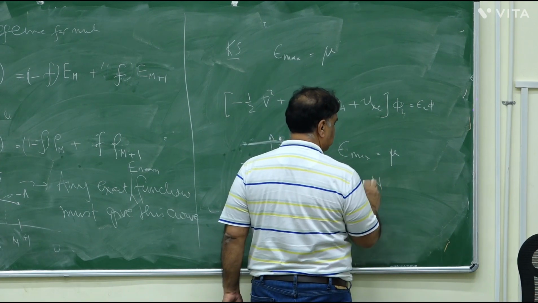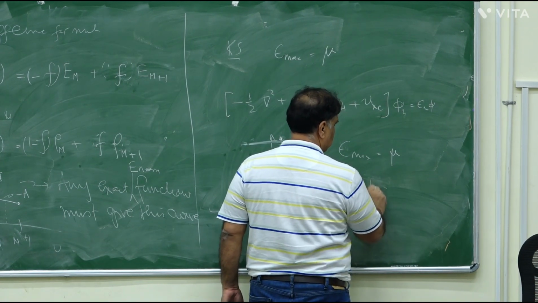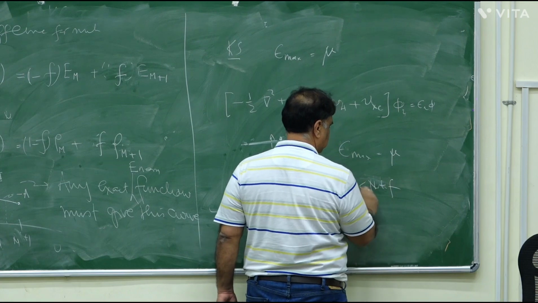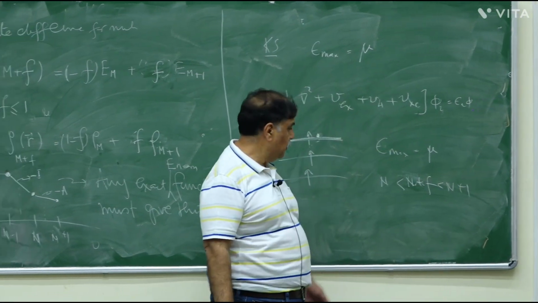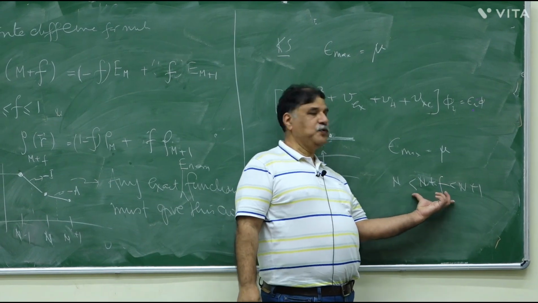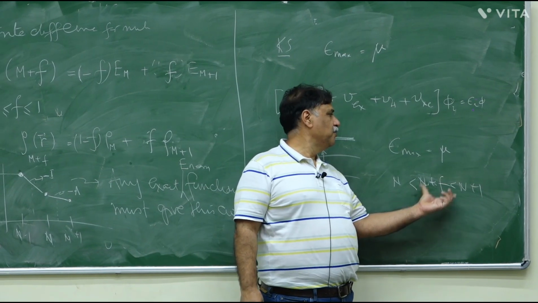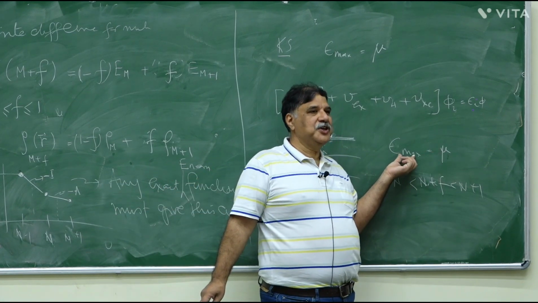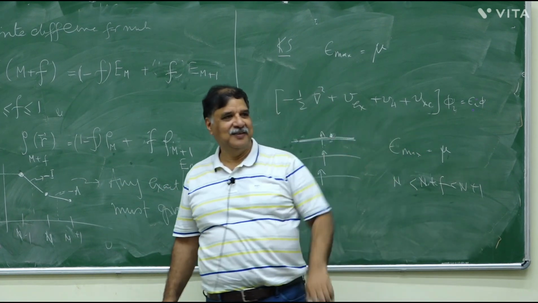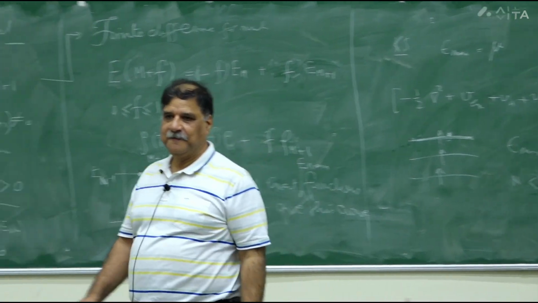Suppose I do a calculation with the number of electrons N plus f, which is between N and N plus 1. As long as I'm between these two, mu should remain constant, minus I. Epsilon max would not change. It remains fixed. That's a test.